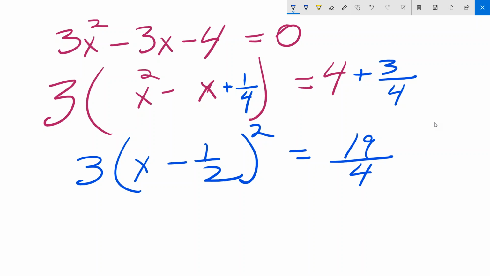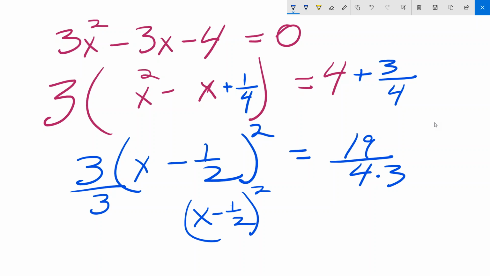That will get rid of that 3. In other words, I'm going to divide this side by 3, and I'm going to divide this side by 3. Now I've got x minus 1/2 squared equals 19 over 12.